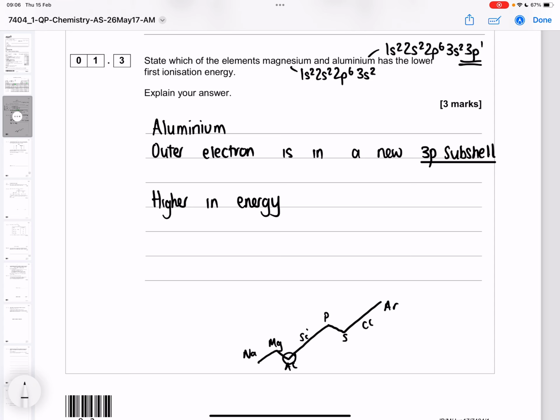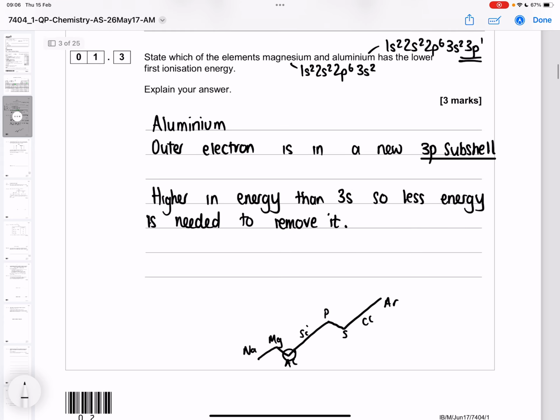We're talking about slightly further from the nucleus, higher in energy than 3s. So less energy is needed to remove the electron. There's a weaker nuclear attraction.